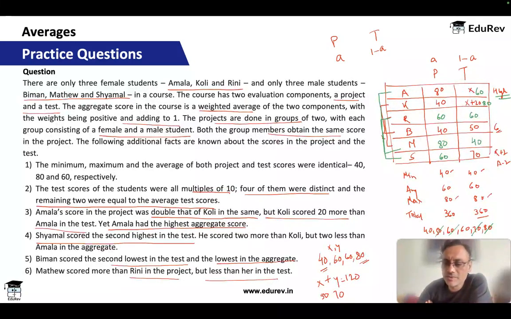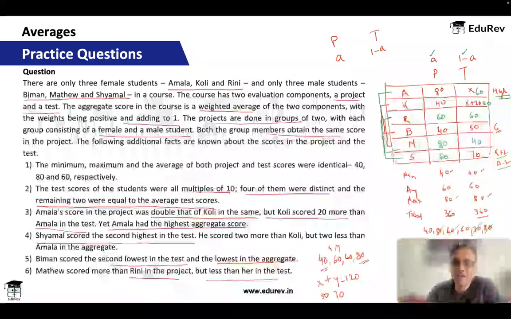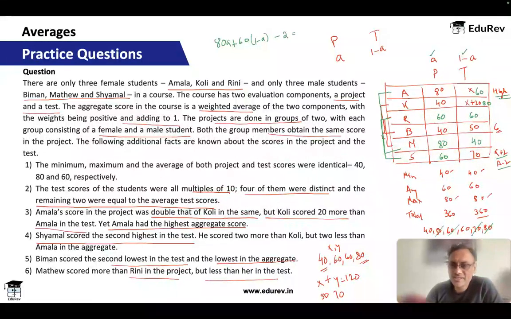Now the real test comes here. S has to score 2 less than A. So the score of A would be, and remember now comes the concept of weightage, 80A plus 60 into 1 minus A. This is A's score, and A's score minus 2 should be S's score, which is 60A plus 70 into 1 minus A. You multiply with the weightage, right?